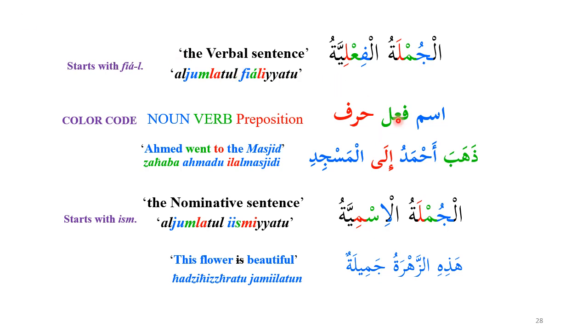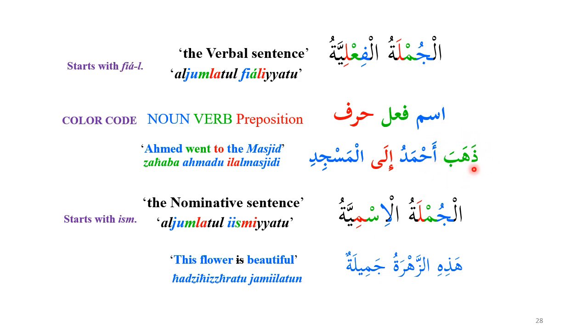All right, there are two types of sentences in Arabic. One is called al-jumlatul fi'liyatu, or the verbal sentence, and al-jumlatul ismiyatu, or the nominative sentence. It's just that if the verb comes first, it is al-jumlatul fi'liyatu. And one thing about this is that the basic form of the verb is always used, right?